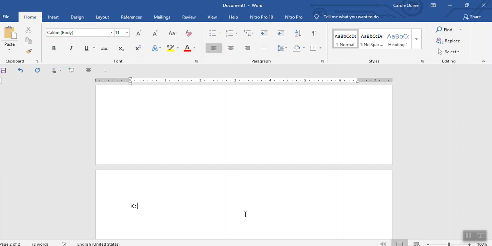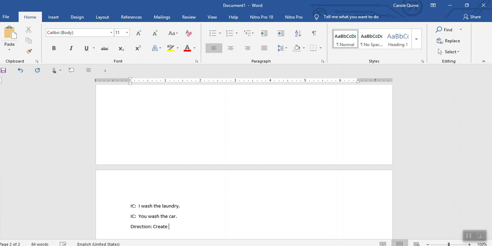So here's an independent clause, and here's another independent clause. So let's say, okay, so I have two independent clauses. One says, I washed the laundry. The other says, you washed the car. So what I want you to do, here's the directions.